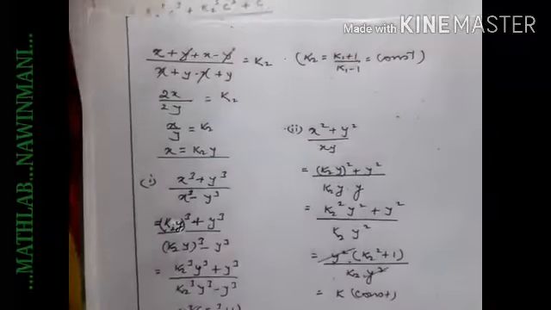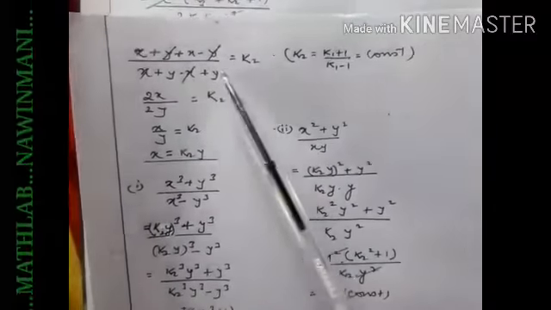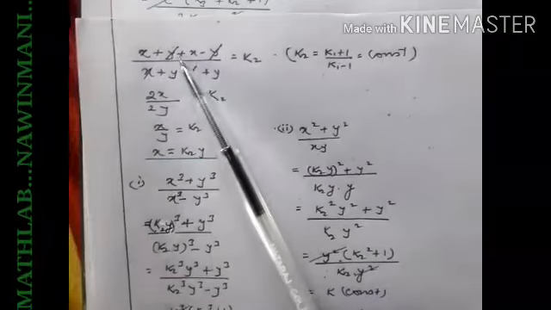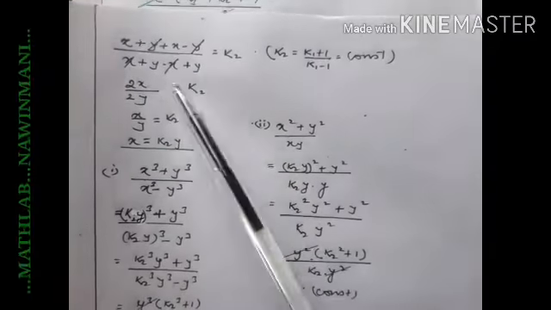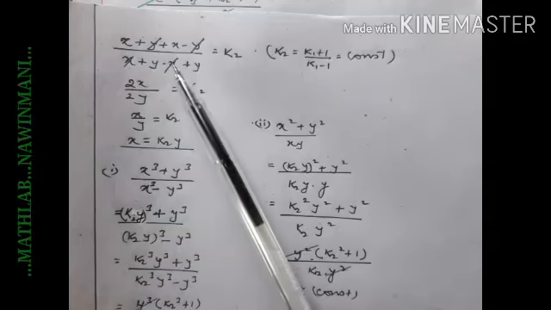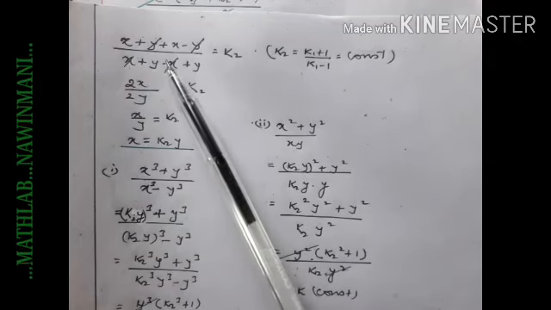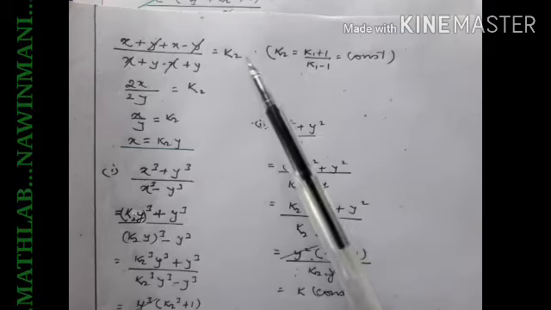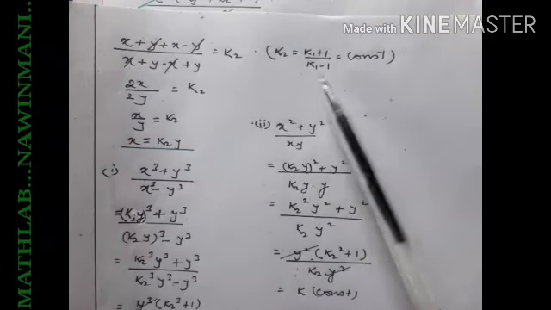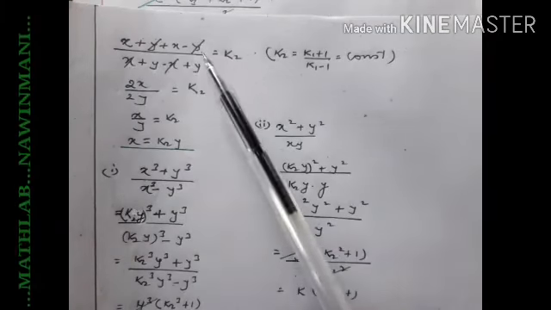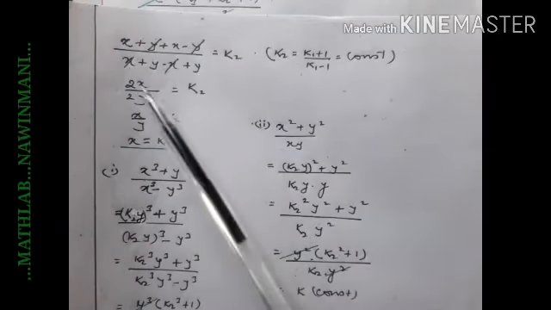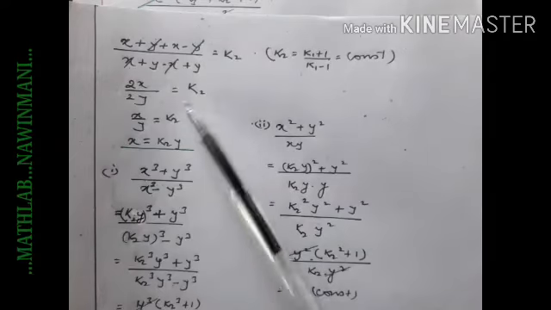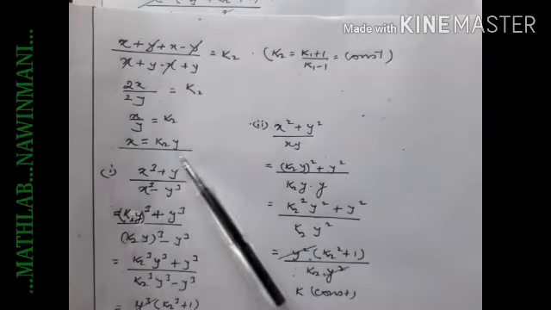See, you open up the bracket. Then what do we get? y will get cancelled, x will get cancelled. Open up the bracket very carefully. You have to multiply with the sign whatever is in front of the bracket. Then I have taken this whole constant as a simple constant. Then y x gets cancelled. 2 gets cancelled. Then x by y is equal to k2. Then you cross multiply, x is equal to k2y.